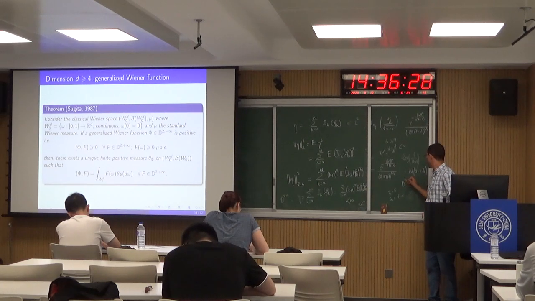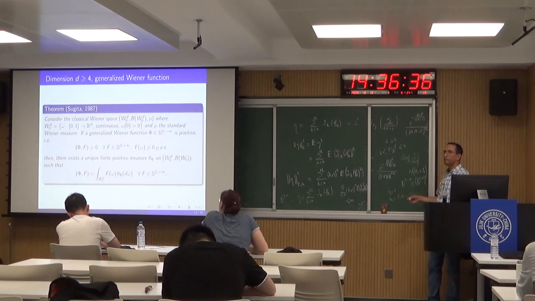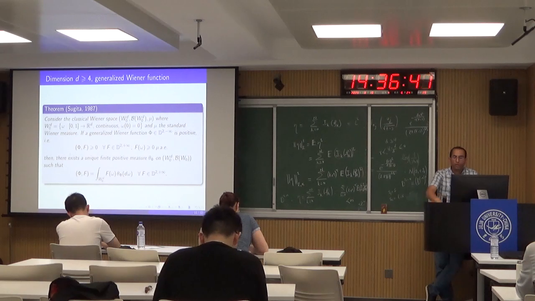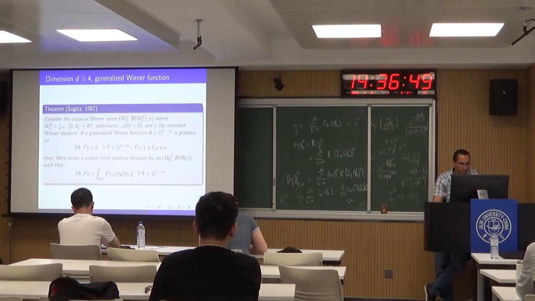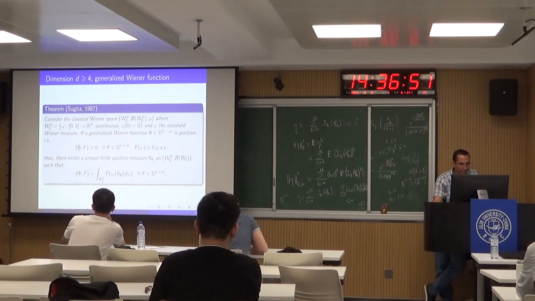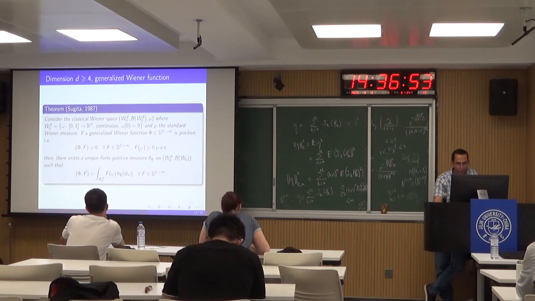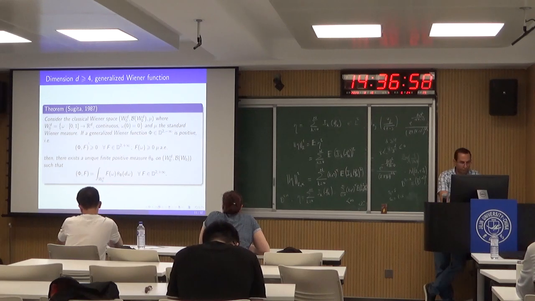D2^-α is the dual of D2^α. So if we take an element here and an element here, we can make a canonical bilinear form, a dual relation. Whenever we test some generalized function by a positive test function, we find a positive result, we say that the generalized function is positive.